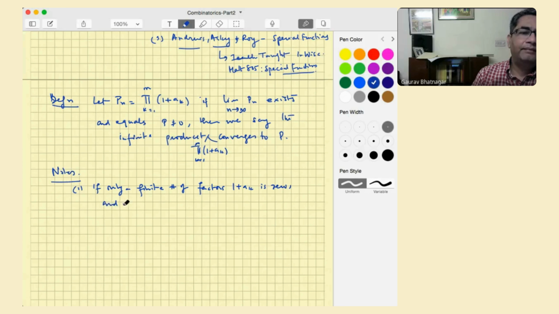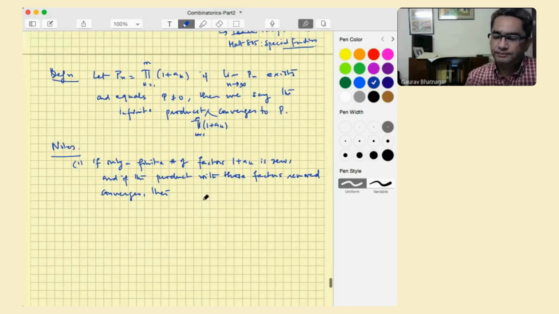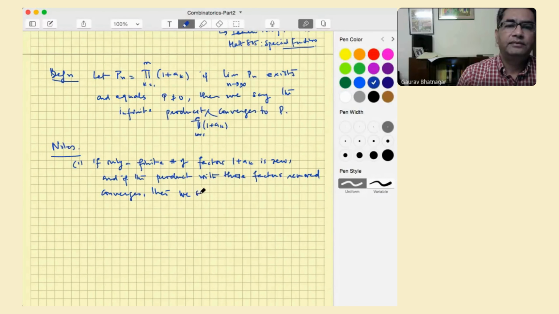And if the product with those factors removed converges, then we say the product converges to 0.